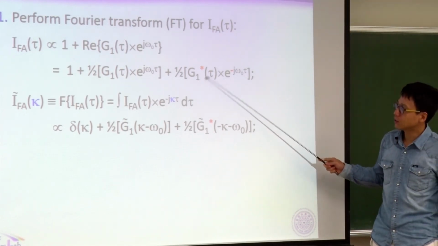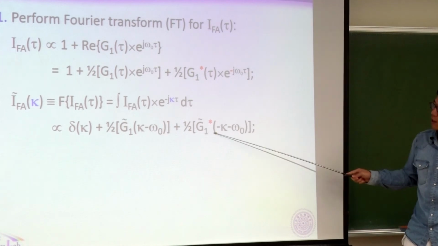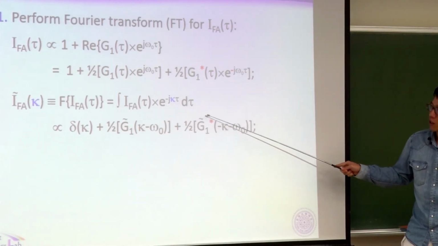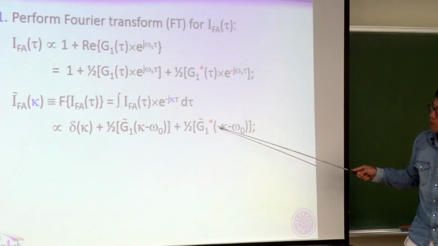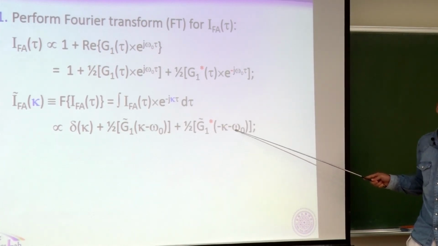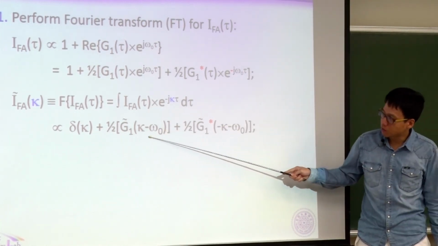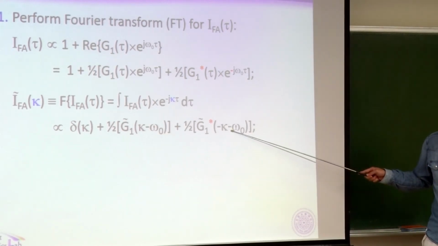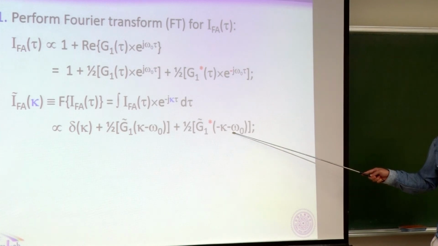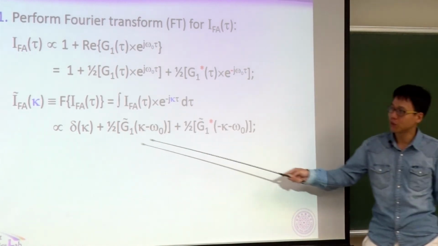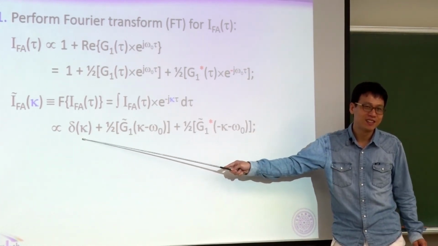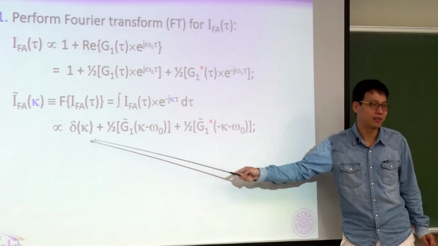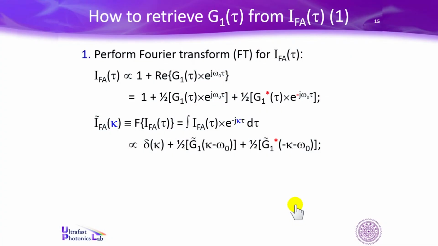For the same reason, the third term becomes G1 tilde star of minus kappa minus omega 0. So this is a term centered at omega 0, and this is a term centered at minus omega 0. How about the first? Centered at 0, it's the DC term, right? So you have 3 well-separated components after Fourier transform.